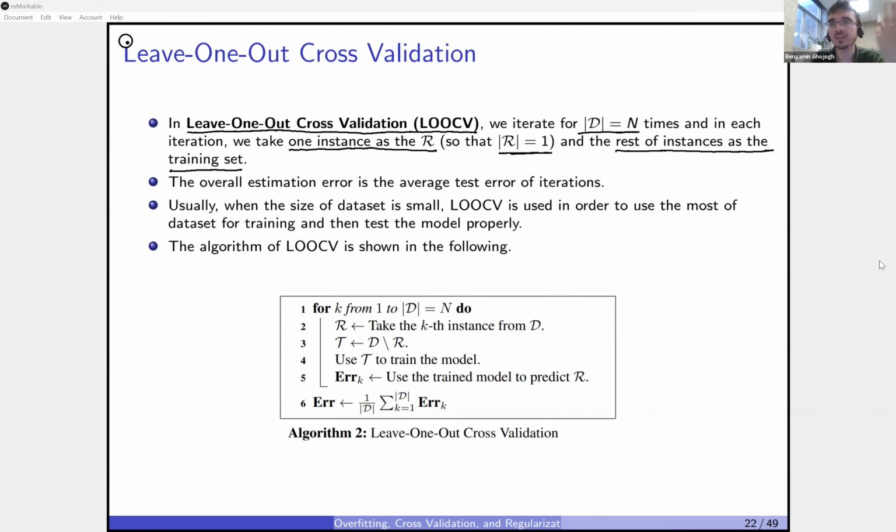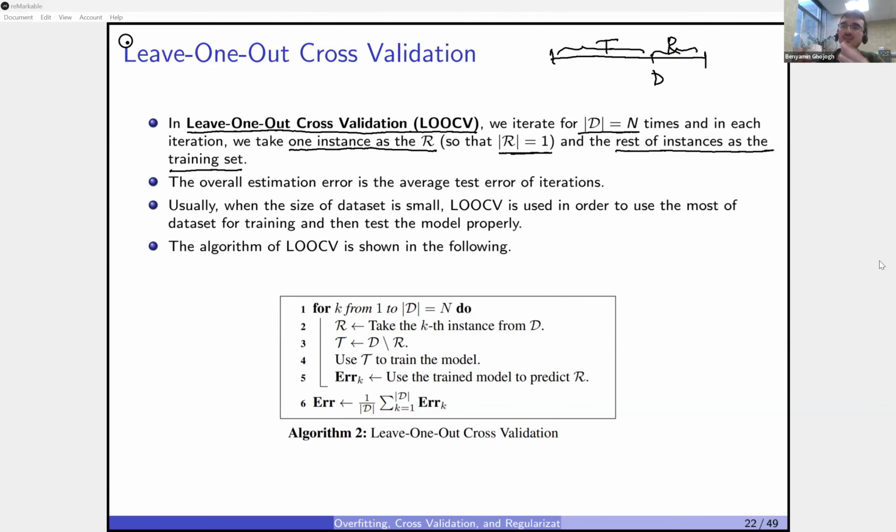The test set will have only one data point, and the rest of the instances are the training set. You might be wondering why. We usually use leave one out cross-validation when the data set size is too small. When it is too small, it's not feasible to have a big test set, because the bigger the test set, the smaller the training set you will have. This will be D, then R, this is T, right? The bigger you take R, the less you will have for training.